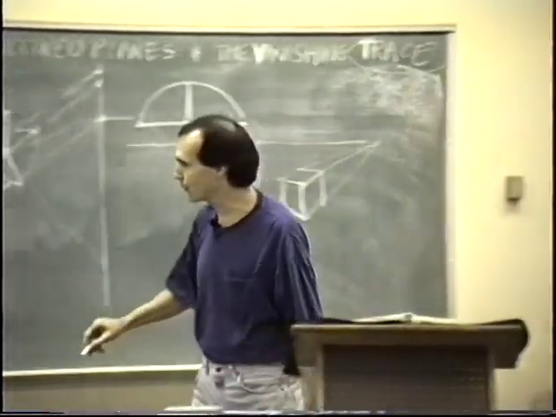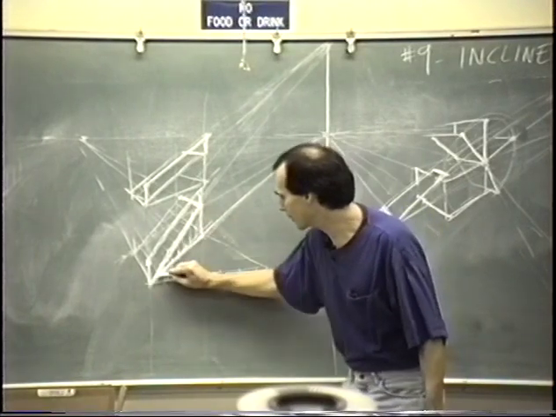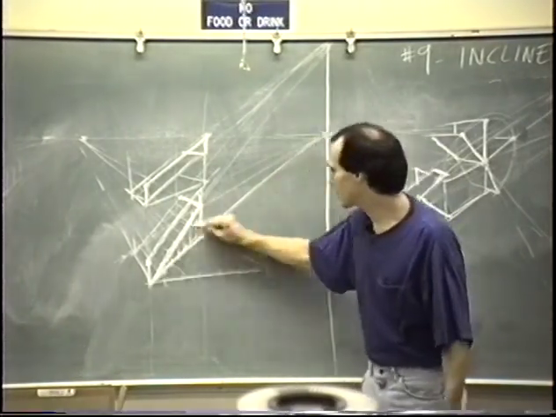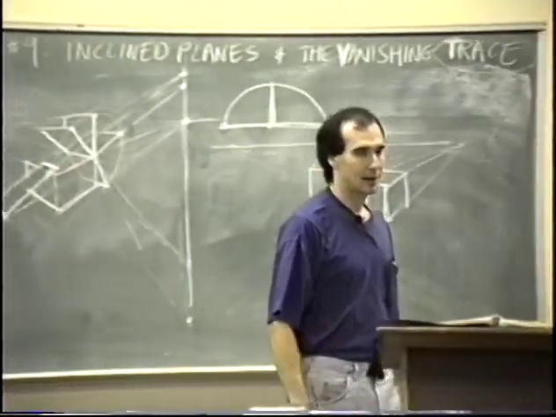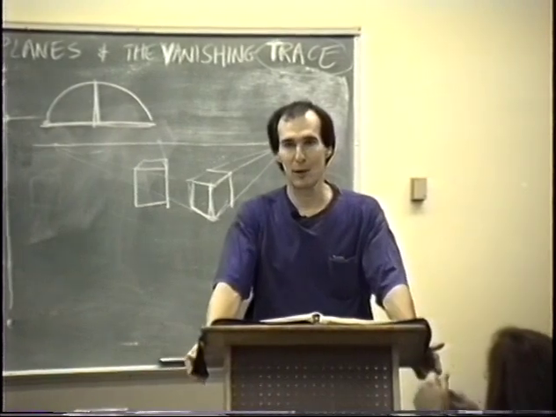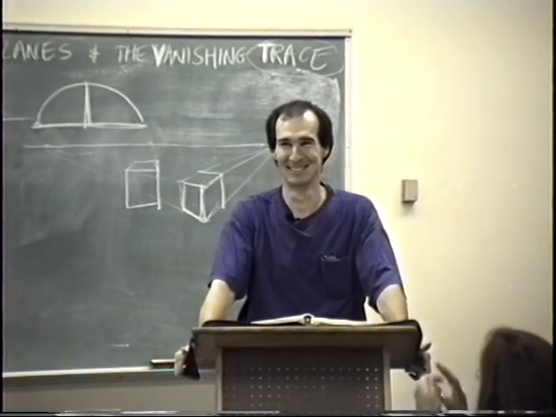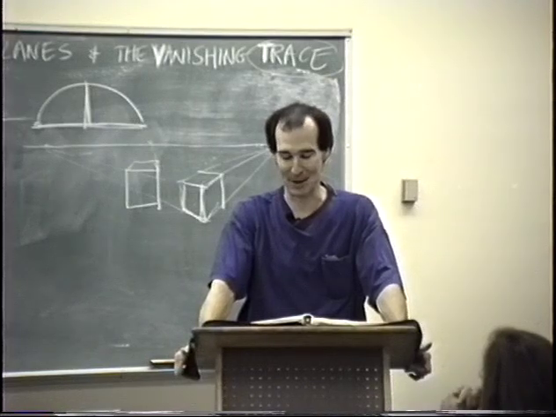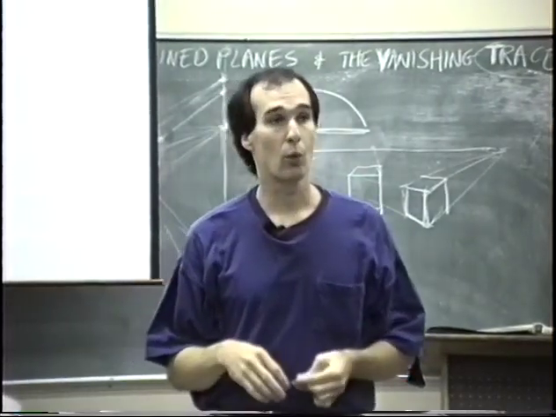So that you can then run those lines up and see that will be the top of the stairs, and then you can find where the tread goes and run it up there and start connecting the dots. 3 weeks from now, you should be able to solve any perspective problem. Theoretically.